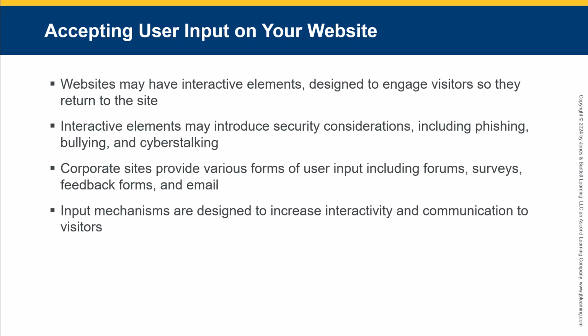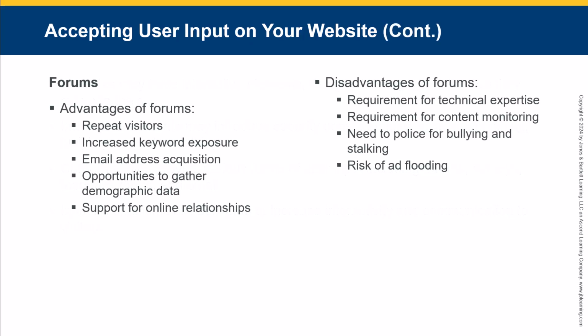So corporate sites provide various forms of inputs: forms, surveys, feedback forms, emails, other contact information that might be more publicly available that could be used in phishing campaigns. So the input mechanisms are designed to increase interactivity and communication to the visitors, but they can also increase security concerns.